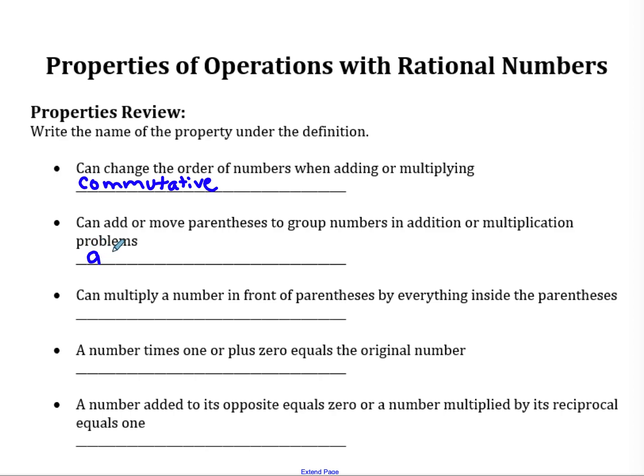That's the associative property. Commutative: change the order. Associative: add parentheses. All right, you can multiply a number in front of parentheses by everything inside the parentheses. That is the distributive property.